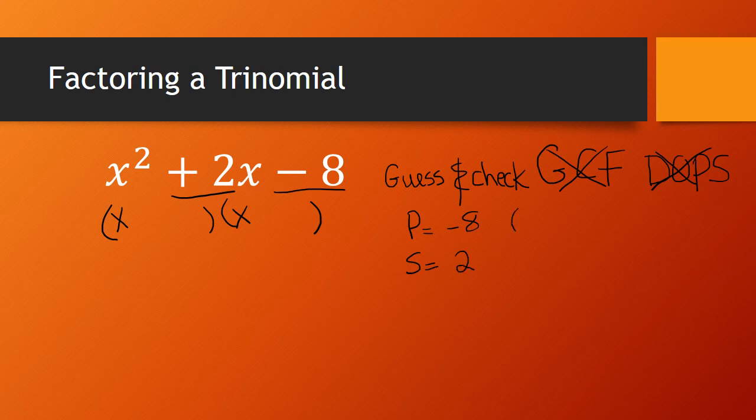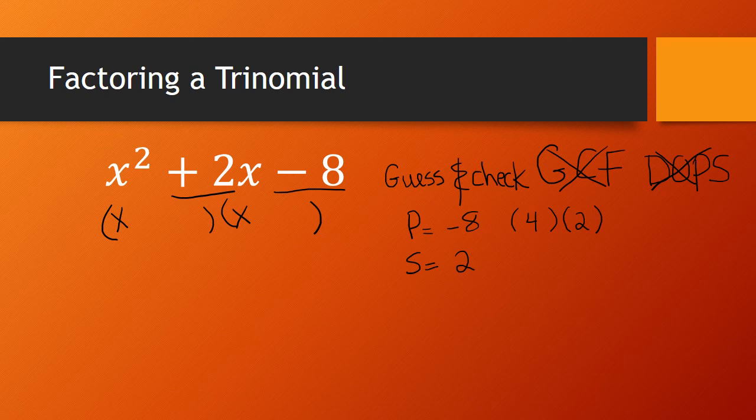So I need to think of two numbers that if I multiply together, I get -8, and if I add together, I get 2. And the two numbers that come to mind when I think about 8 are 4 and 2. But one of them has to be negative, so when I multiply them, I get -8.